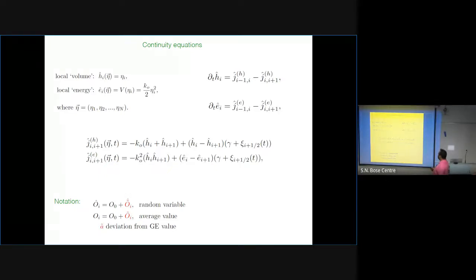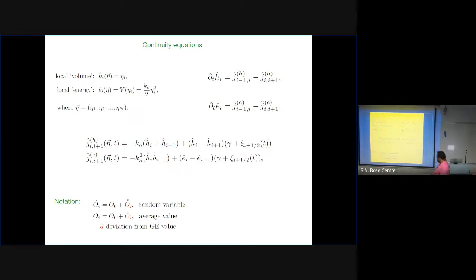So I define a local volume as h_i, which is the same as eta_i, and local energy as V of eta_i, which is this. Hat variables are stochastic variables, and this eta vector is the whole configuration. And you can write down these stochastic conservation equations, or the energy you can write explicitly here. You can see that the volume current is linear in h, whereas the energy current is non-linear in h.